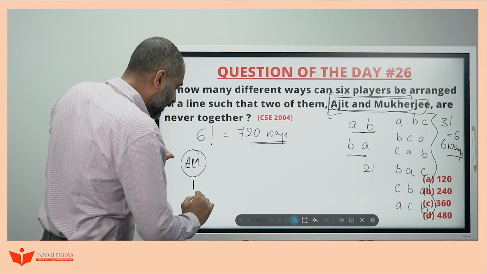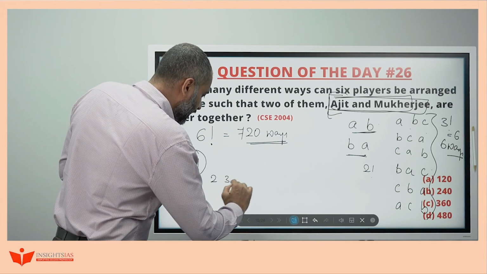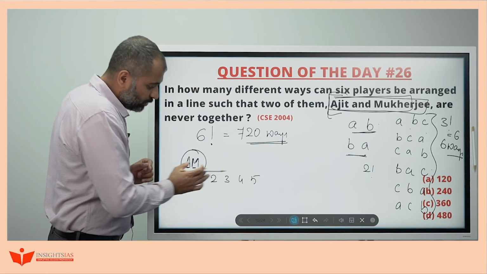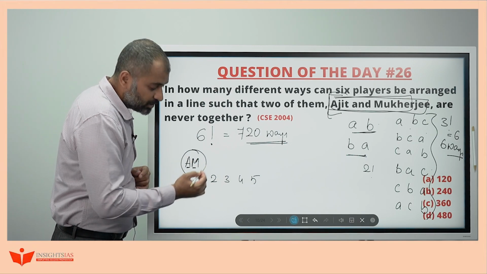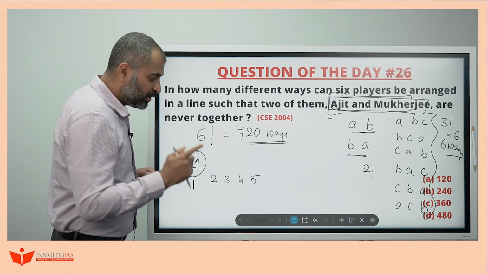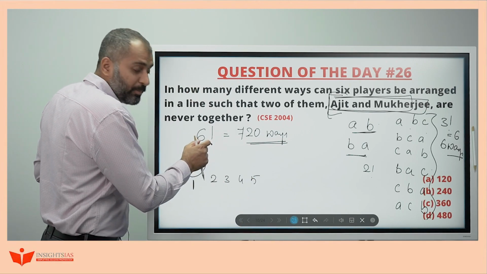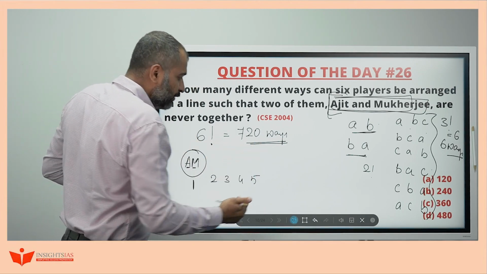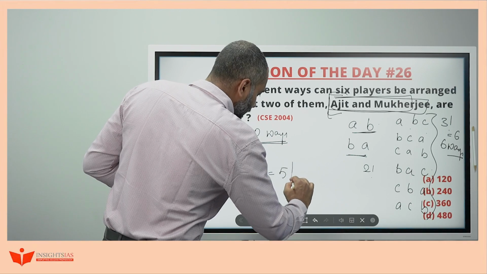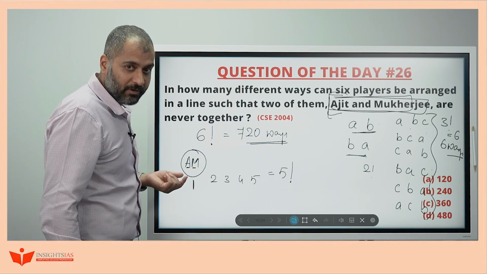The remaining are 2, 3, 4, 5. Even though 6 people are there, I have made this into one person. Now, only 5 people are there. If 6 people can be arranged in 6 factorial ways, 5 people can be arranged in 5 factorial ways. But this is not 5 people.